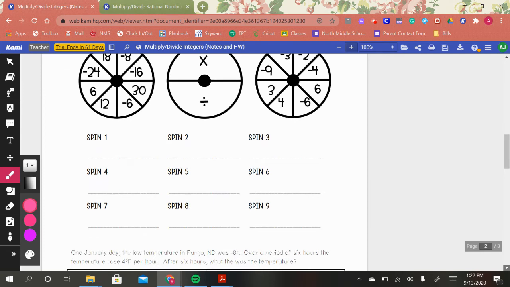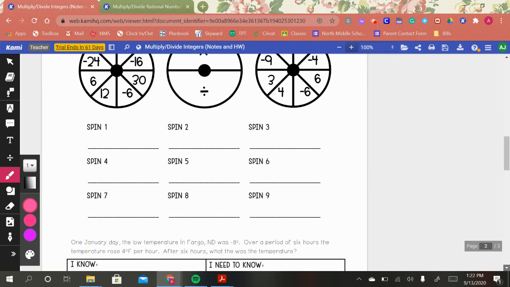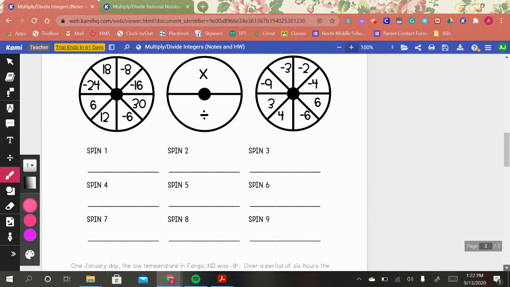So the first one, where it says spin 1, you're going to take a number off of spinner 1. So my number is going to be negative 24. We are going to divide that by negative 4. Again, these are same signs, so our answer will be positive, and 24 divided by 4 is 6.